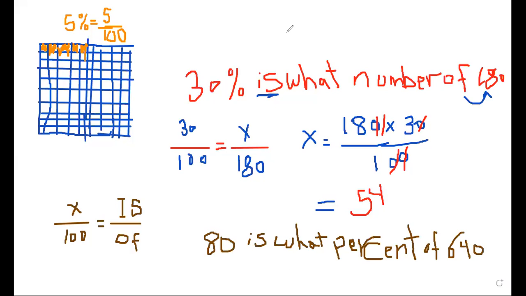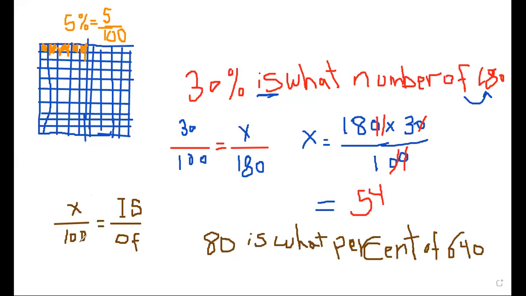So I want to translate quickly and tell me how we can solve this question. 80 is what percent, which means can you find X in this question? No, we can't find X, so we have to keep X. It will be X over 100.